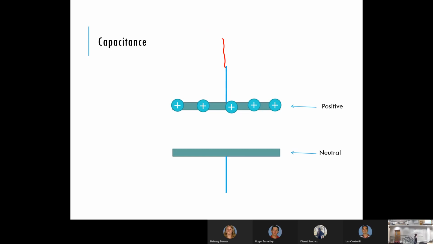Next question. What does the electric field due to the top plate look like? I've got an excess of positive charges on the top plate. What does the electric field look like around the region of the top plate? Being repelled by the top plate. Well, let's be more specific. What do you mean by repel?